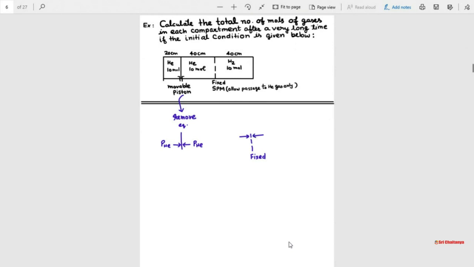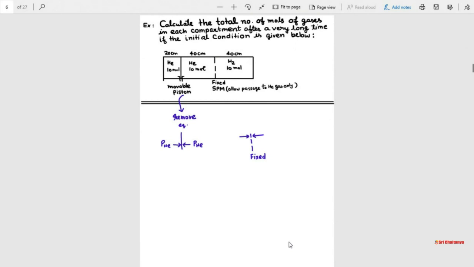So suppose we are talking about two adjacent rooms and there is a wall, so we can say that in one room and the other room the pressures of the gases may be different, right? It is not necessary that the pressure on one side of the wall and the other side of the wall will be equal.